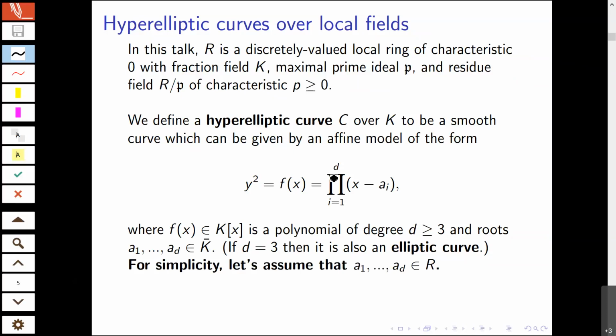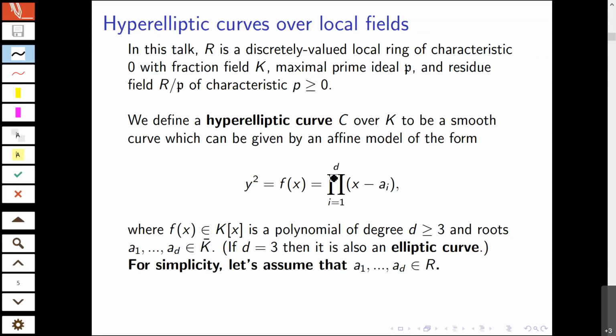All right. A further simplifying assumption is that these roots, which I label a_1 through a_d of this polynomial, actually lie in the ground field. So the ground field is the splitting field of this polynomial, let's say. And in fact, I'm even going to assume that they're integral, that they lie in R, which is not asking too much, because if some of them were fractional or had denominators, there is a very simple denominator clearing trick.